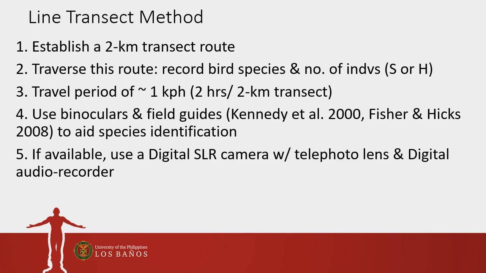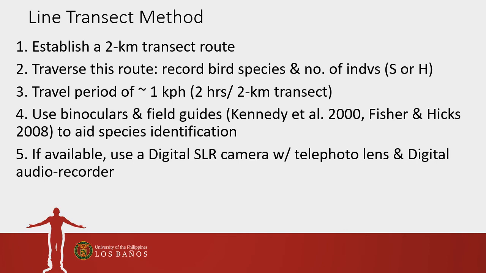For primary data on the avifauna of your sampling site, the line transect method is commonly used. Establish a 2-kilometer transect route and traverse this route early in the morning and late in the afternoon. Record the bird species and the number of individuals seen or heard.